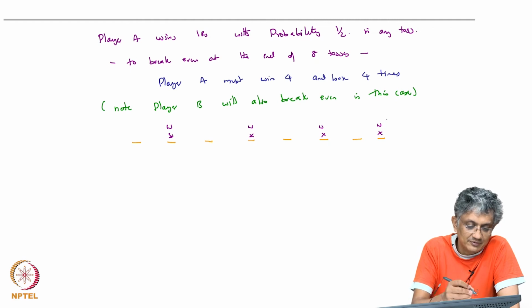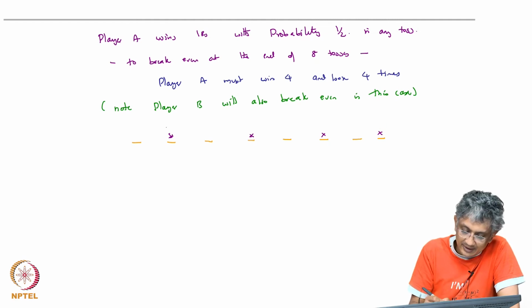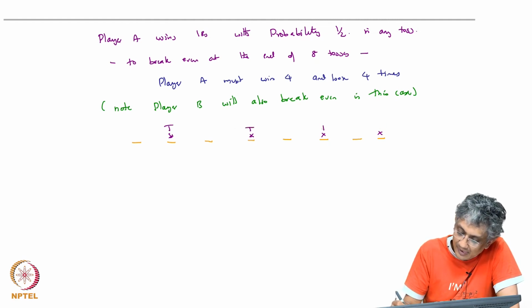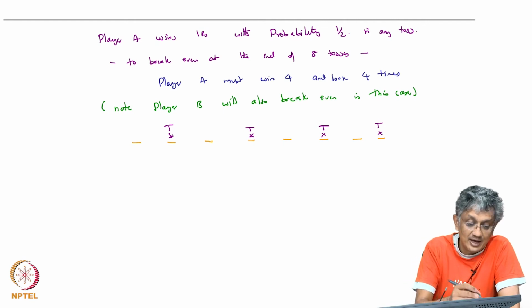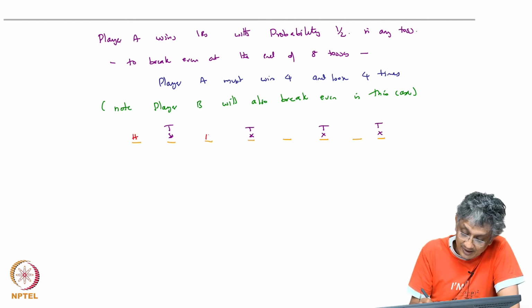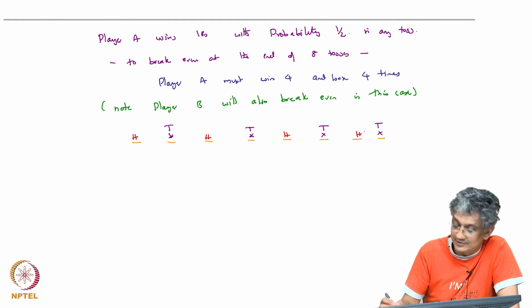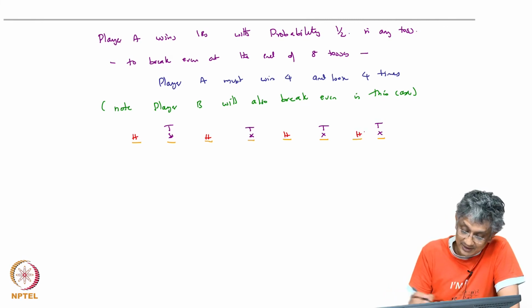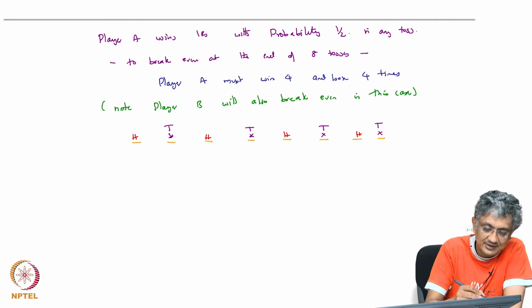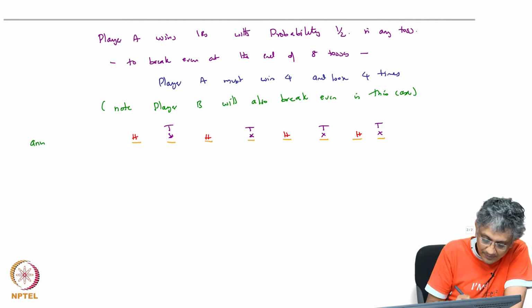Let me write down tail. This tail appears. And the other ones you have to have heads. You could have any such combination, so any such combination is okay.